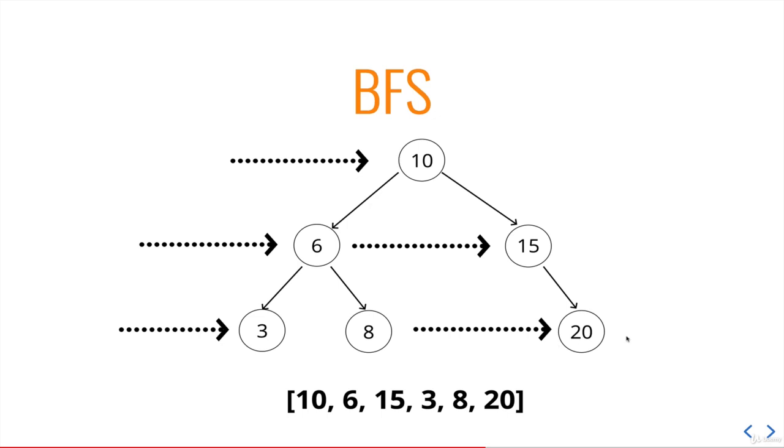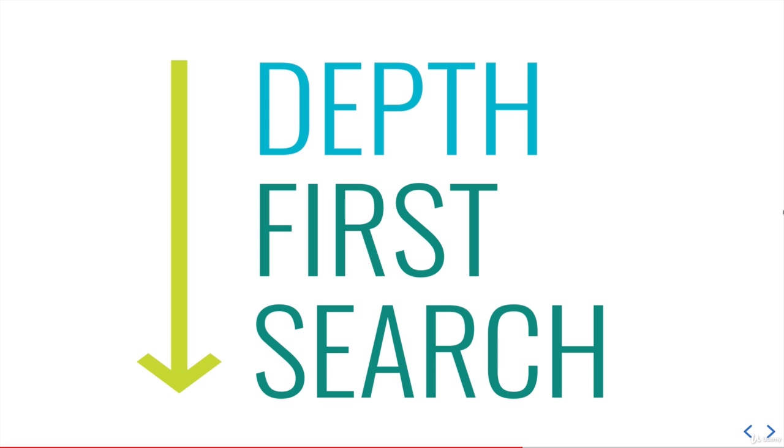Breadth refers to the breadth of the tree. That's the worst sentence ever. Then there's also depth first search. And there's actually 3 main orders for DFS, depth first search, that we're going to talk about. The idea of depth first is that your primary direction is going to the end of the tree vertically and then coming back up, versus breadth first is going across.